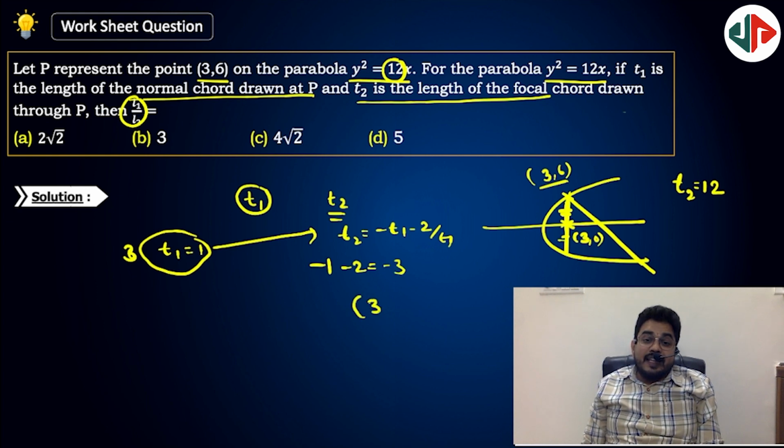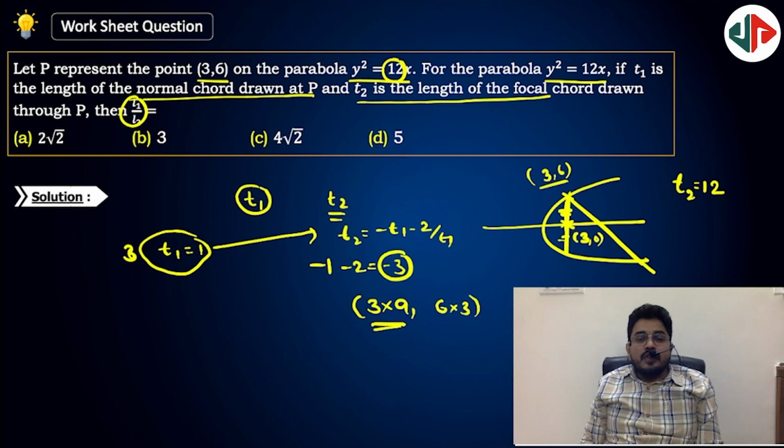So AT square comma minus 2AT. So minus 3. So here what happened? 2A, 6 into 3. So the answer is 27 and this value will be equal to 18.